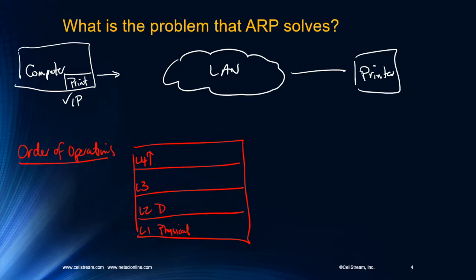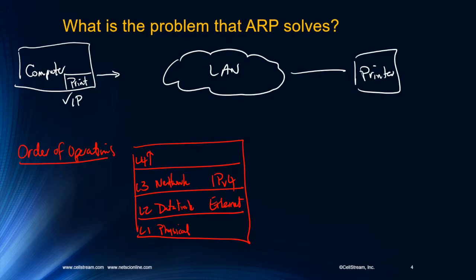Layer 2 is your data link layer. And this is where we have the Ethernet protocol in most local area networks. Layer 3 is your network layer. And this is where we have the Internet Protocol. And in our case, we're going to say IP version 4. Now, layer 4 is TCP and UDP, and then, of course, all the applications.